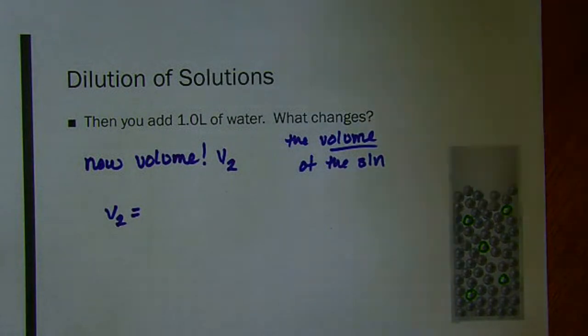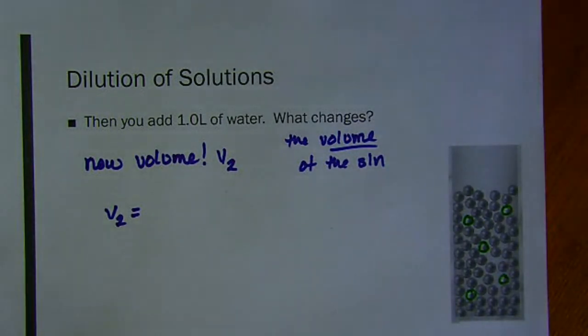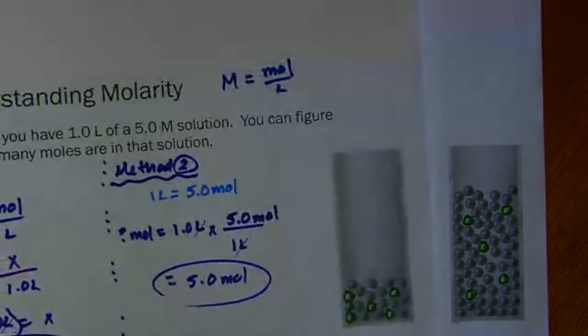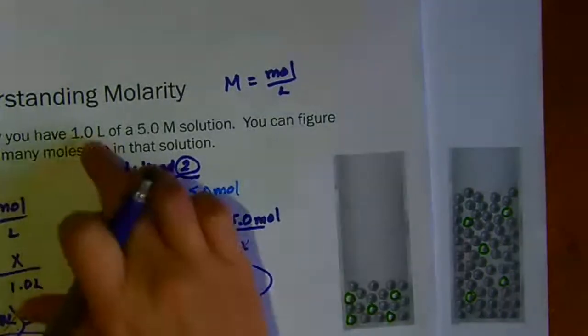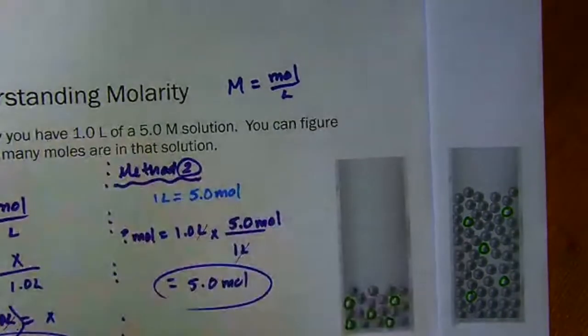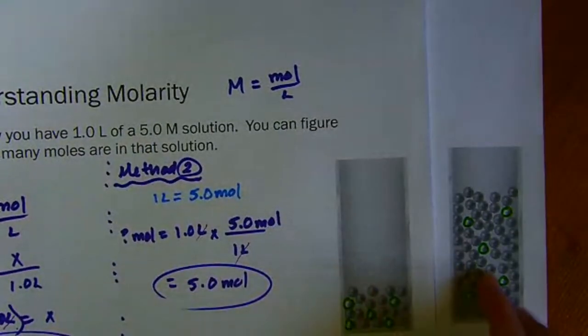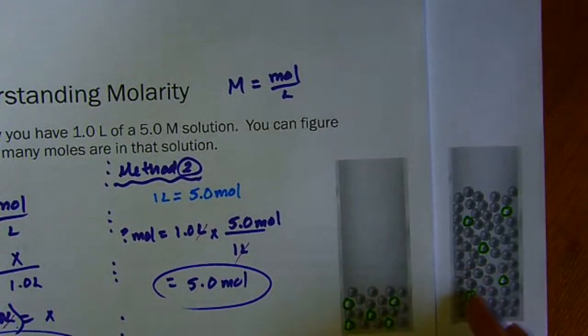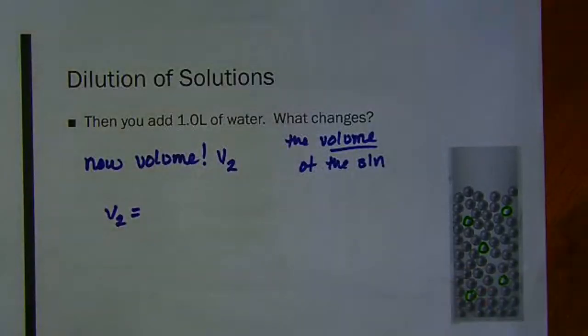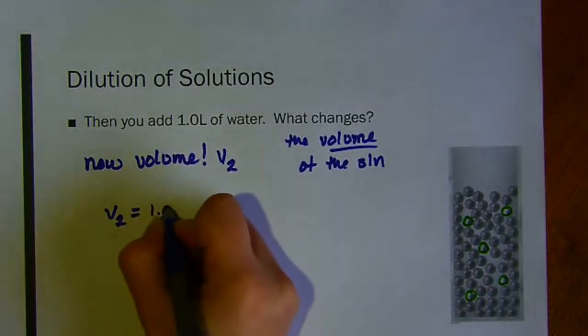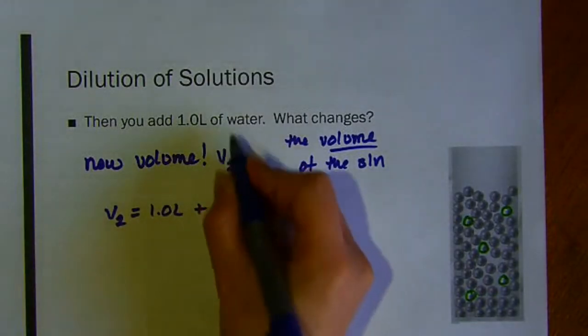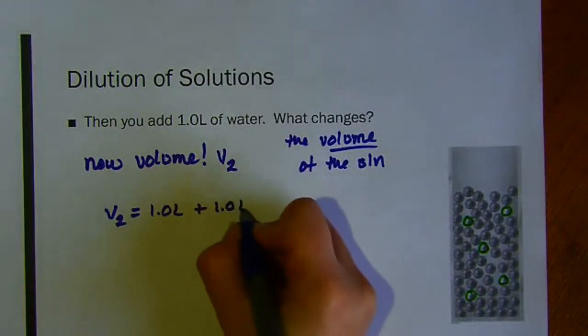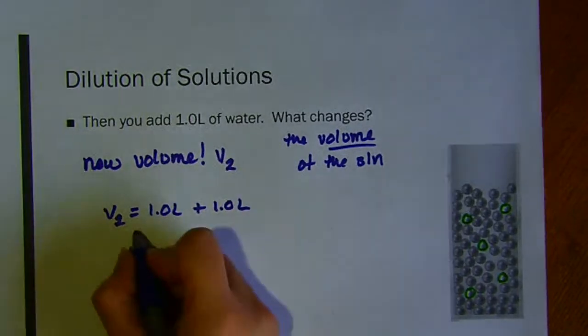So V2 is going to be equal to the volume that we started with. We started with 1 liter of solution, and then we added a liter of solvent to produce our new solution.